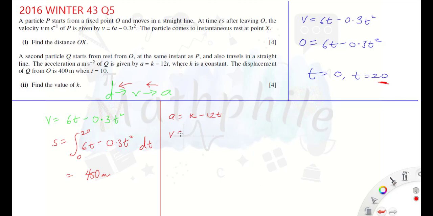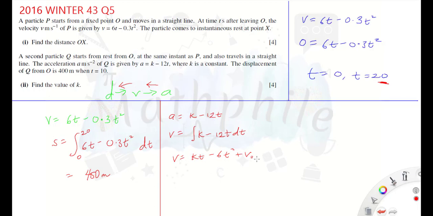Integrating the acceleration function, you get a velocity function. So the integral of k minus 12t with respect to t should give you a velocity function. So v is equal to kt minus, I think this should be 6t squared plus v naught. Are you okay with that? The initial velocity: at time t equal to 0, the velocity was 0.